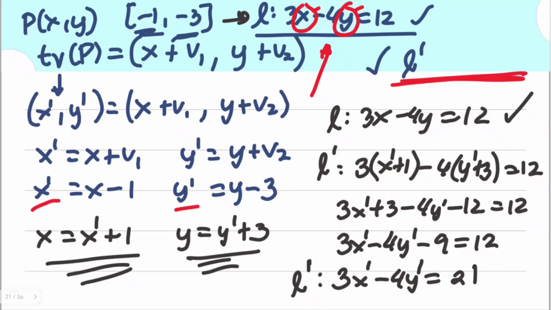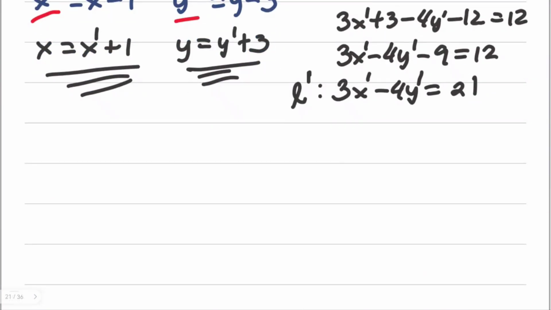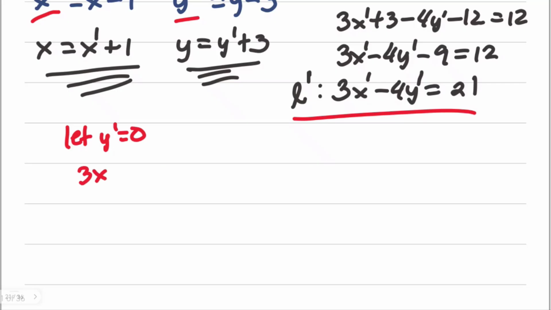So to look into this graph, let's try to identify the x prime and y prime intercepts, or just the x and y intercepts of this. So let y prime be equal to 0. So you will have here 3x prime minus 0 is 21. So 3x prime is 21. X prime is equal to 7.